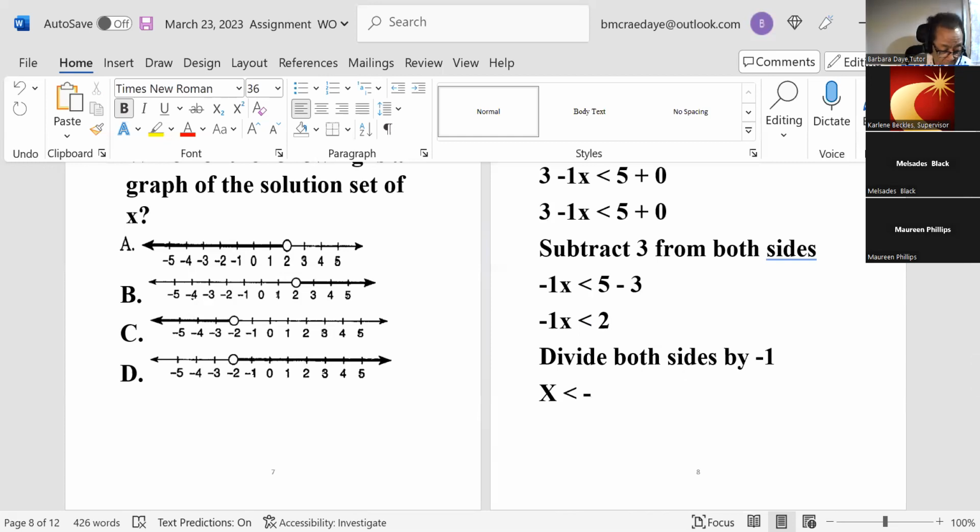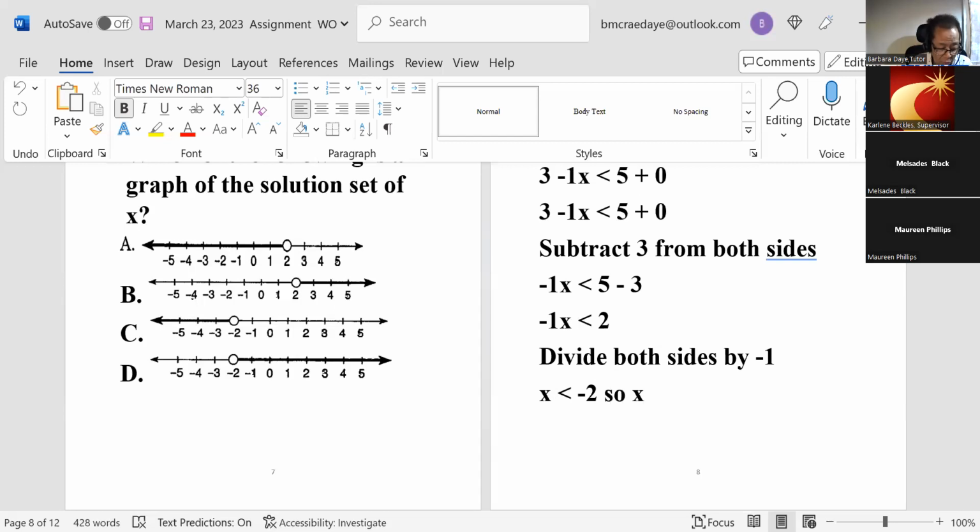So that's a 2. So x less than negative 2. But since we divided by a negative, this becomes x greater than negative 2, right? So you flip the sign. You reverse the sign.